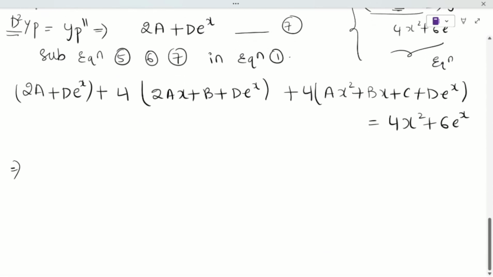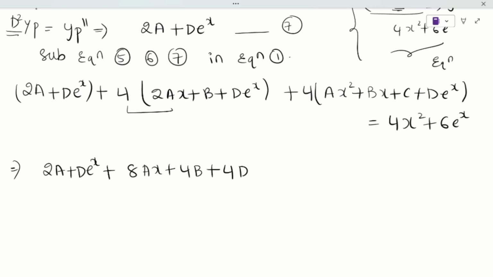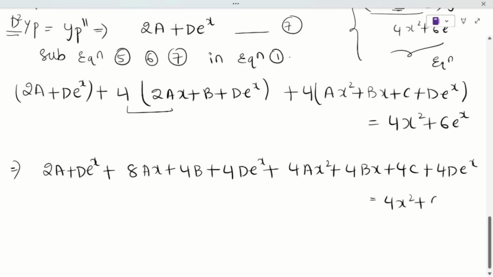Solving this whole equation: 2a plus d e power x, plus 4 2s are 8, ax, 4b plus 4d e power x, plus 4ax square plus 4bx plus 4c plus 4d e power x equal to 4x square plus 6e power x.